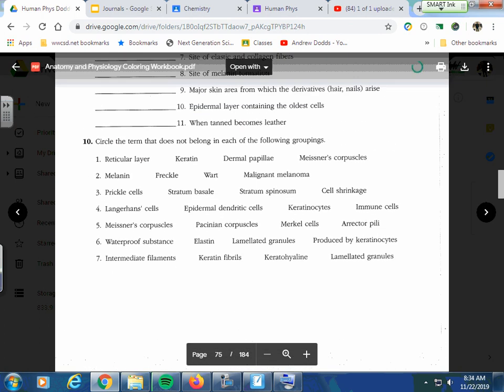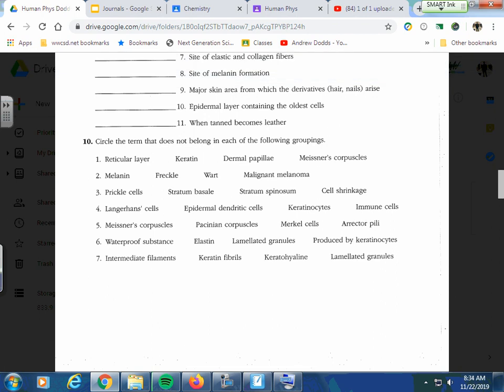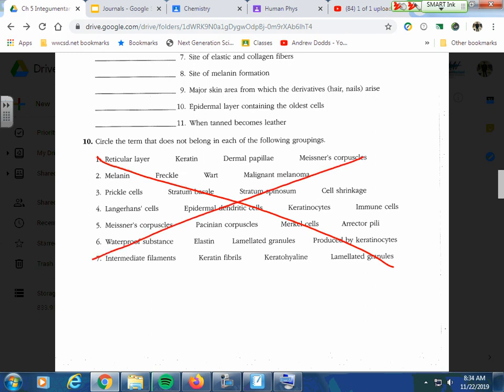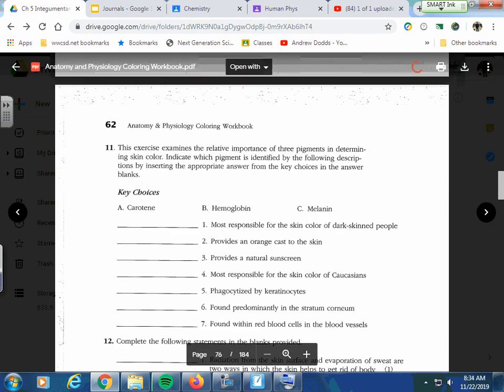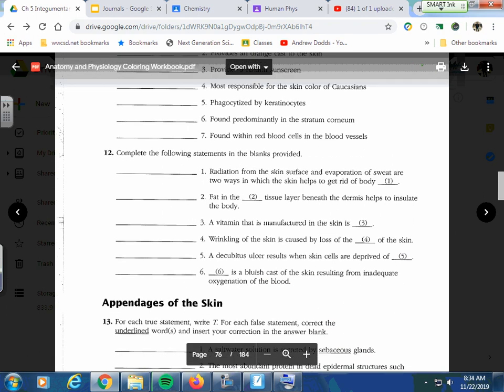Number 10, by the way, while you're going by it. Number 10, we're not going to be doing it all. We are going to do number 9. All right, so 11 was the next thing to do.